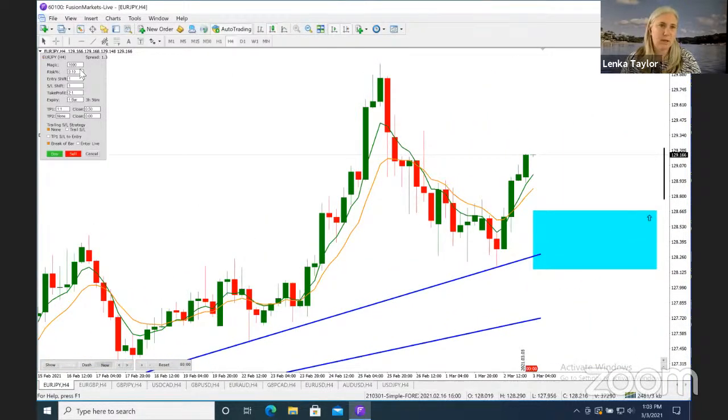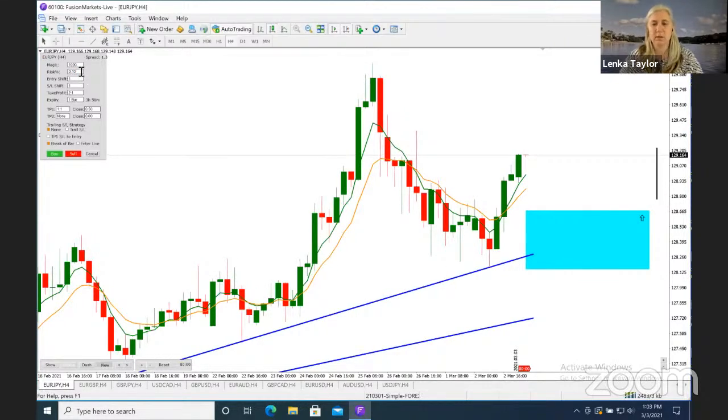I'm looking at a risk of 0.5 on this one. I want to enter above that first bar there.